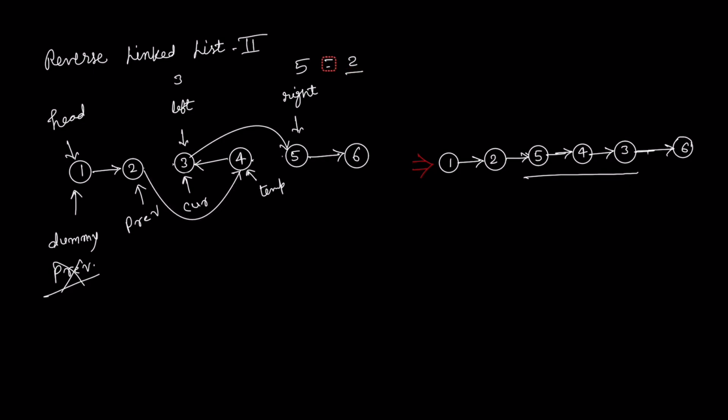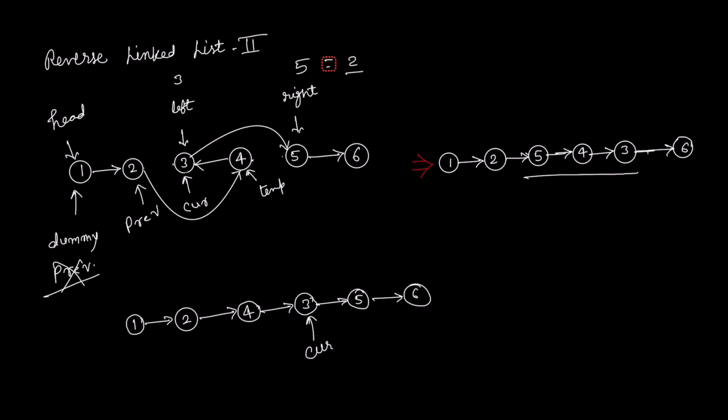So see, there is now one shifting. So what has been done now? 1, its next is 2, 2 next is 4, 4 next is 3, 3 next is 5 and 5 next is 6. Current is still 3 because we are shifting this one.